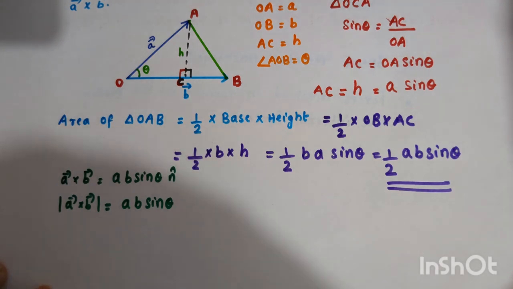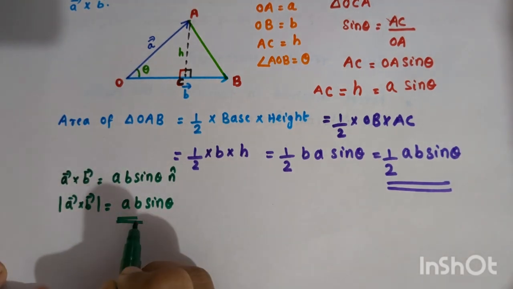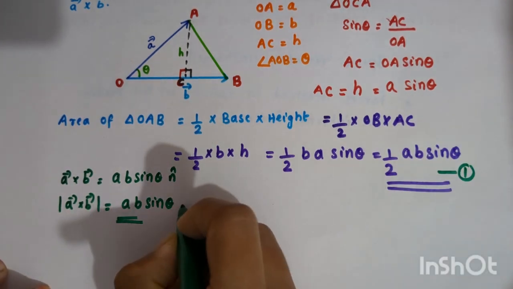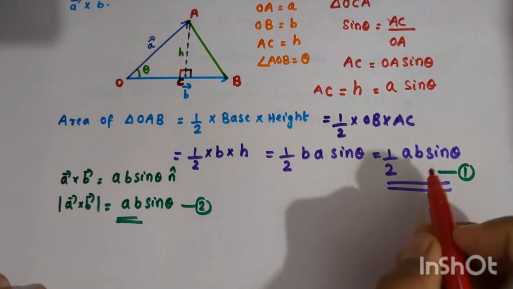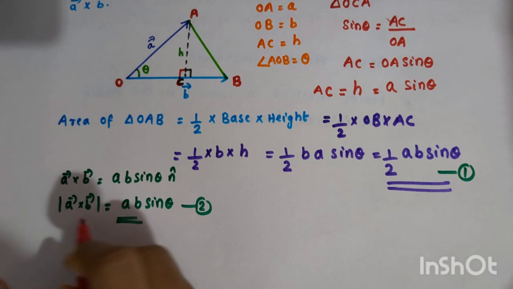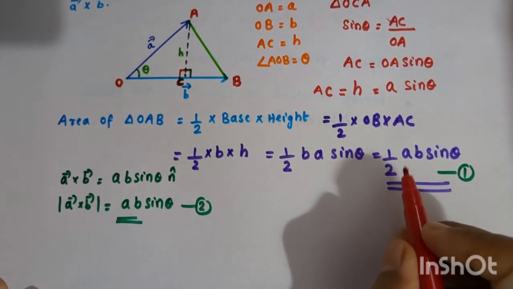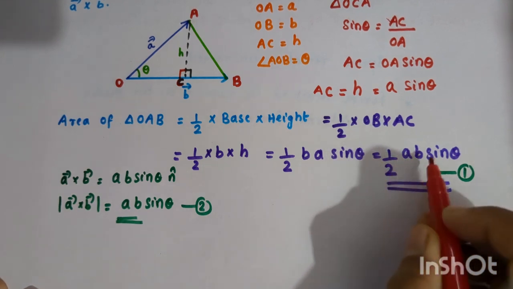Let us compare these two equations, equation number 1 and equation number 2. This is the magnitude of vector A cross vector B, that is AB sin theta. This is the area of the triangle formed by vector A and vector B, that is half AB sin theta.